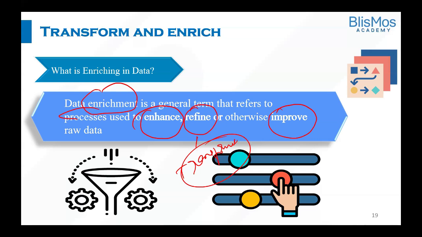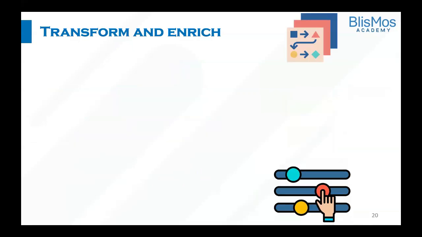That is enrichment of the data. Any example for this? Sometimes blank values, null values will be there, so that should not be there. I mean, that can be considered a part of the transformation.